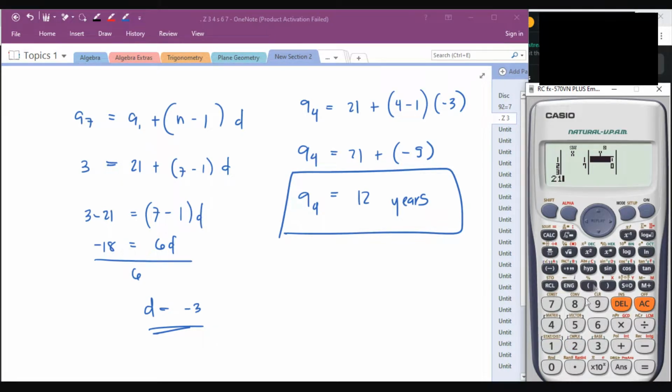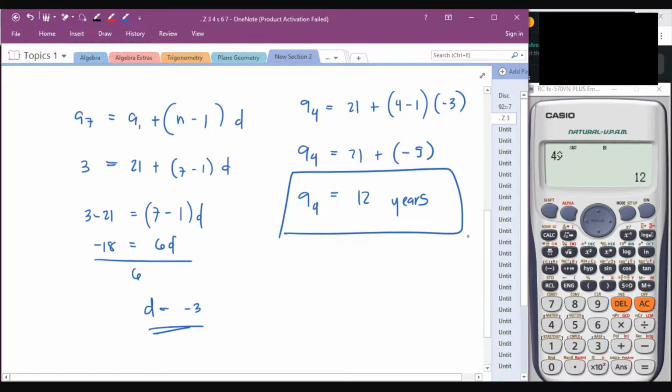So, 21, and the youngest is 3. You press AC and then Shift 1, 5, 5. What we are finding is the fourth order, the twins, which is equal to 12 years old. So, concluded. Our answer is correct.